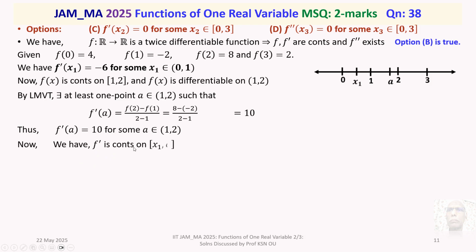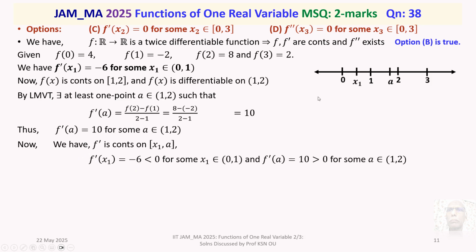We have that f prime is continuous because f double prime exists, therefore f prime is continuous on the closed and bounded interval between x1 and A. Now f prime x1 is minus 6, it takes a negative value for some x1 belongs to 0 to 1, and f prime A is equal to 10, greater than 0, for some A belongs to 1 to 2. And f prime is continuous. The product, if you take, will be negative.